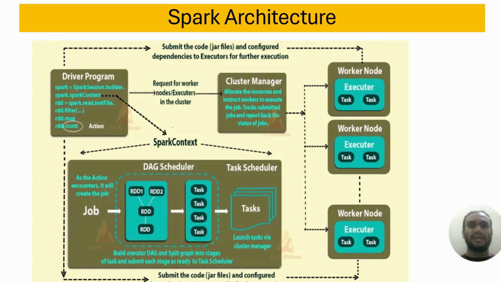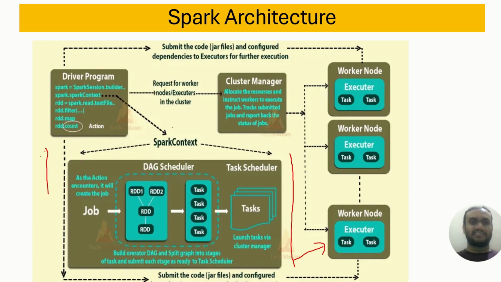Once the driver receives the information about available executors, the driver program, which has the Spark context that helps it interact with Spark, sends the list of instructions to the worker nodes. All worker nodes have executors, and executors can perform multiple tasks. They will perform each task assigned to them and send the results back to the driver program.